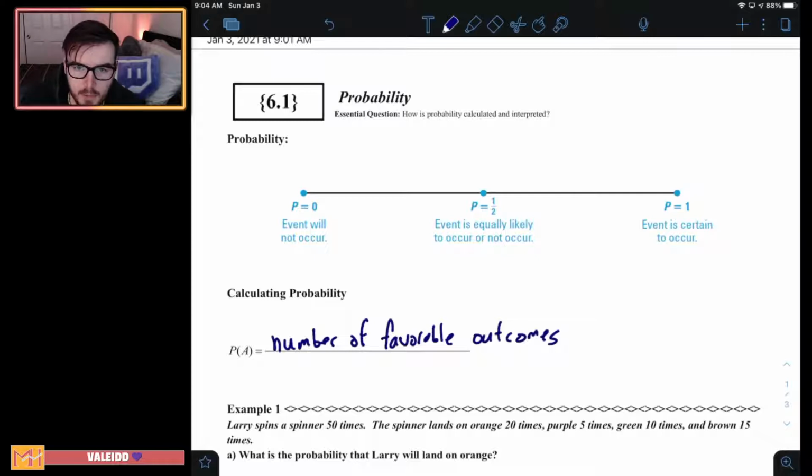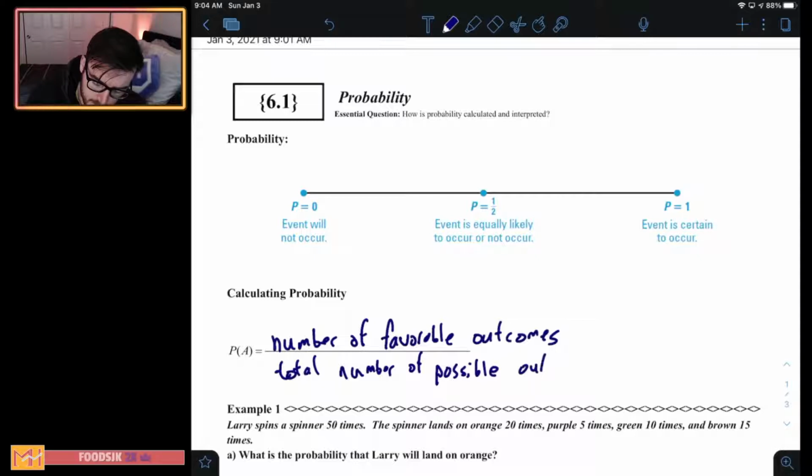We want to pick a hearts card if we're talking about a deck of cards. It's the want that we have. But there's all kinds of other outcomes. So probability is the number of favorable outcomes over the total number of possible outcomes.